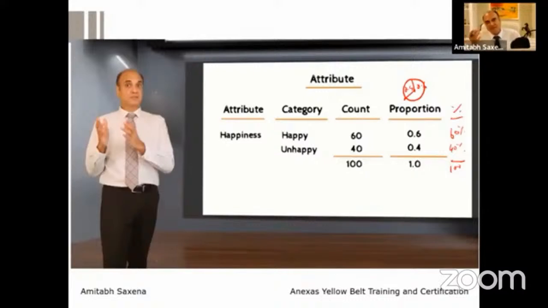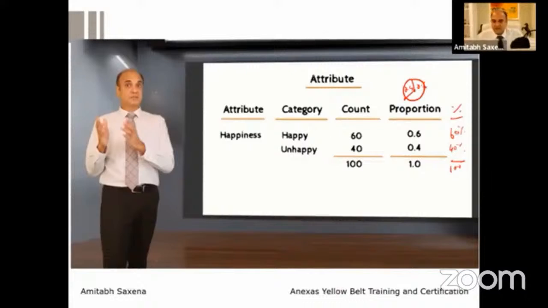When we're talking about continuous data, 73.1 meters is 73.1 meters. It's a measure. But here, 60% is 60, it belongs to happy, and 40 belongs to something else, isn't it?